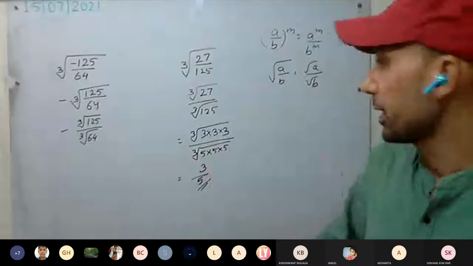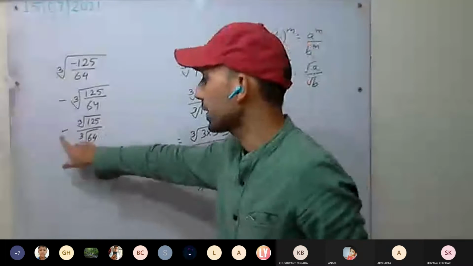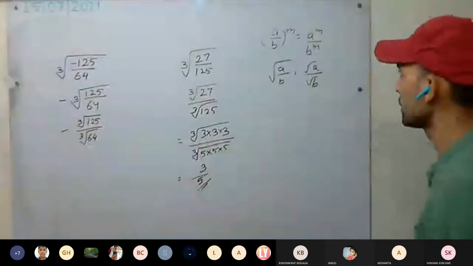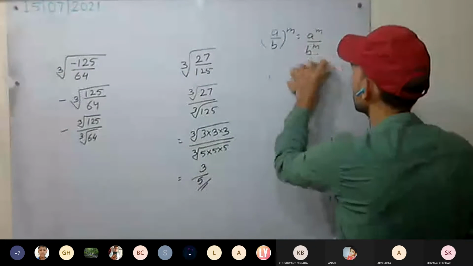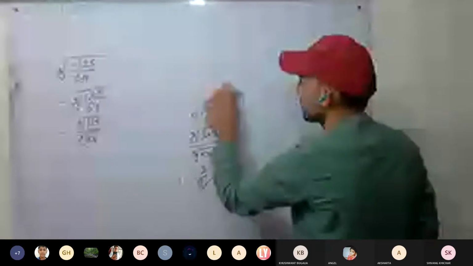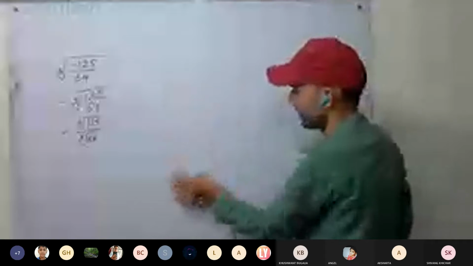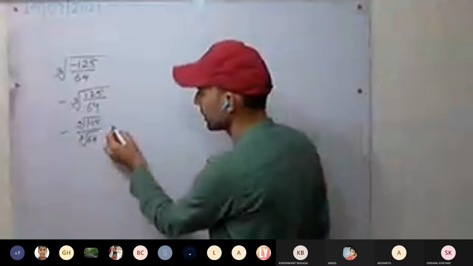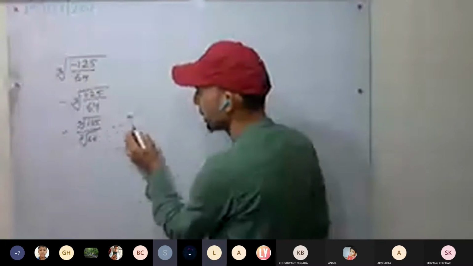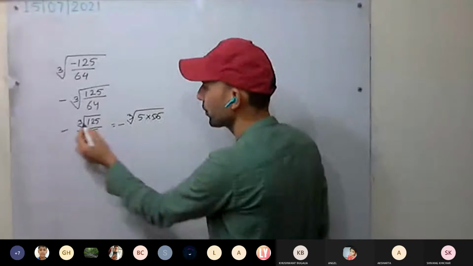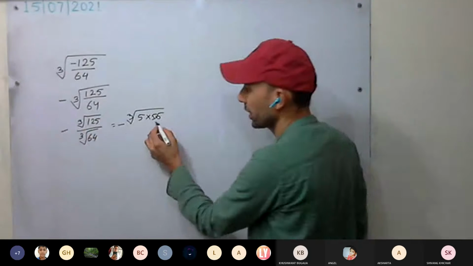Okay, complete this one, everyone. The minus sign we have taken out. Everyone solve that one. So what is the cube root of 125? 5. The minus sign is already there, because we have taken it outside.